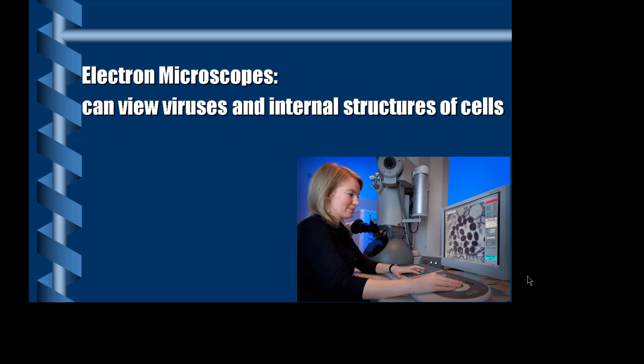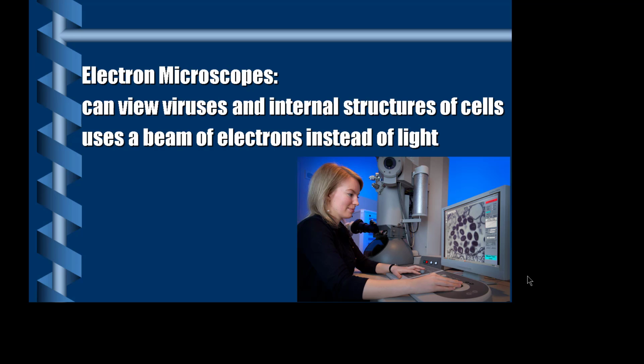The electrons don't care what color the specimen is, so any color that you see in an electron image is added for contrast so you can see things better, or for labeling purposes so you can tell what's the bacteria versus the medium it's being grown in. So these use a beam of electrons, not light.